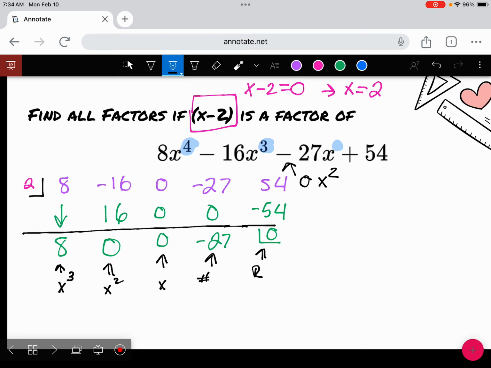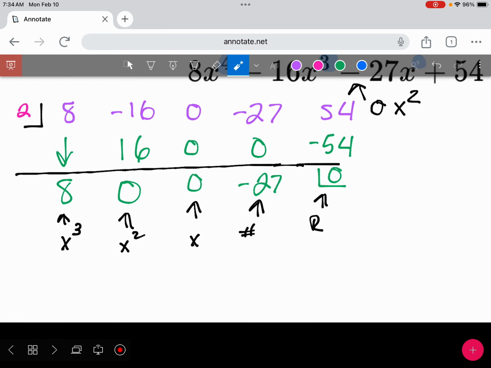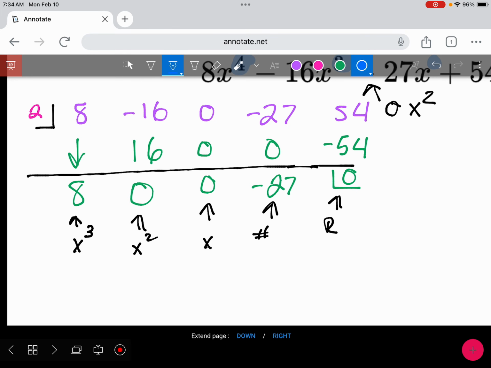I know it doesn't feel like the 0 makes that much of a difference because those numbers were right, but it does, because this 27 is not with an x. This 27 is just a number. So our leftover bit, when we're done, we have an 8 that's got an x cubed with it and a minus 27.